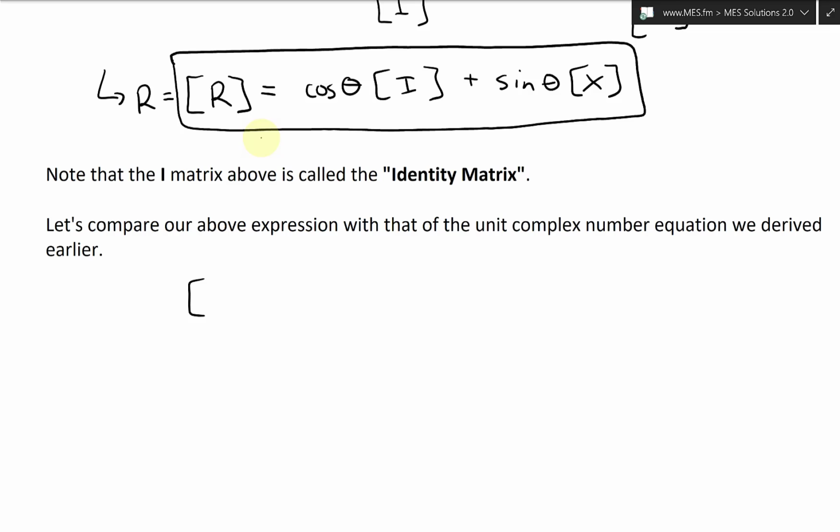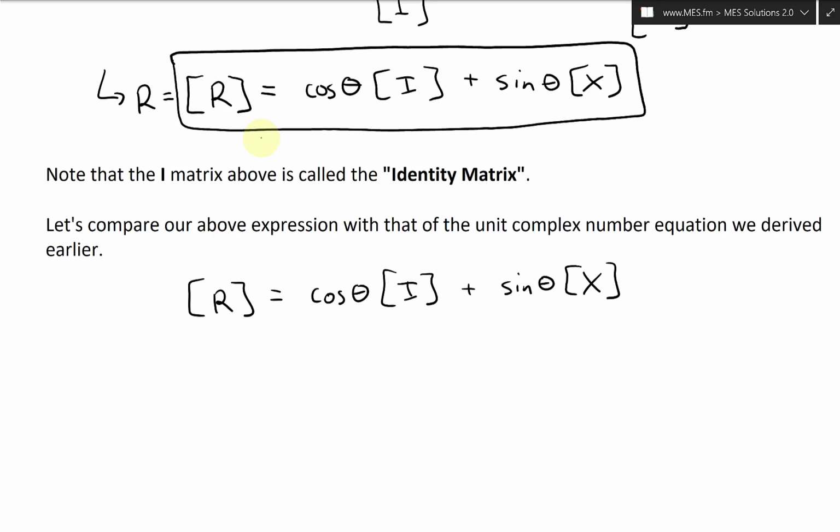I'm going to write this in this notation: the R matrix equals cosine theta times the identity matrix I, plus sine theta times X, just a big X like that.